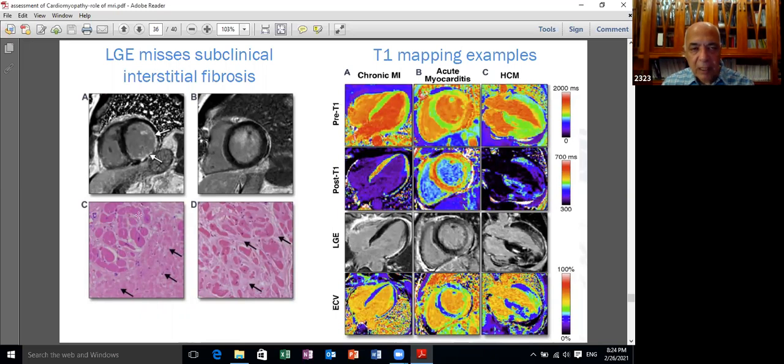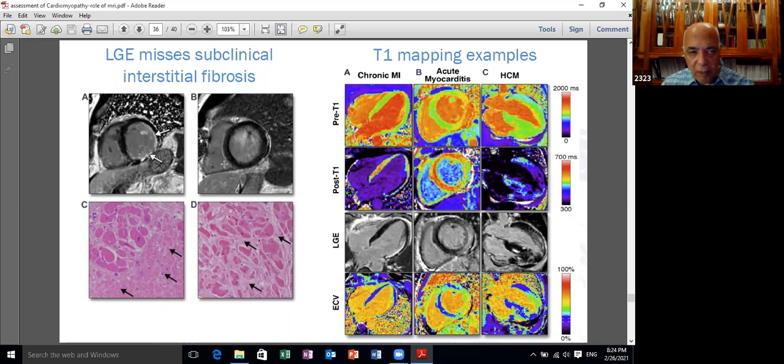But we have another type of fibrosis, which is called interstitial fibrosis. In this interstitial fibrosis, the fibrous tissue is interspersed between the viable cardiomyocytes. Under these circumstances, if you look into the tissue, the localized fibrosis or the scarring, delayed enhancement will show it.